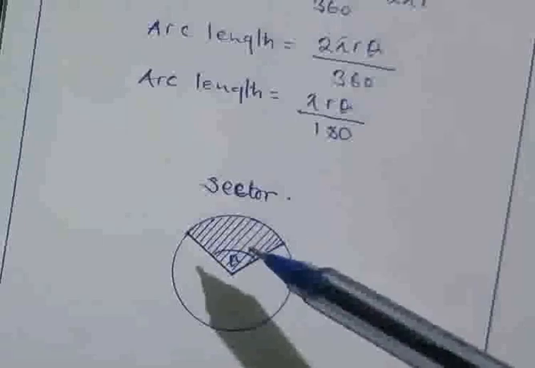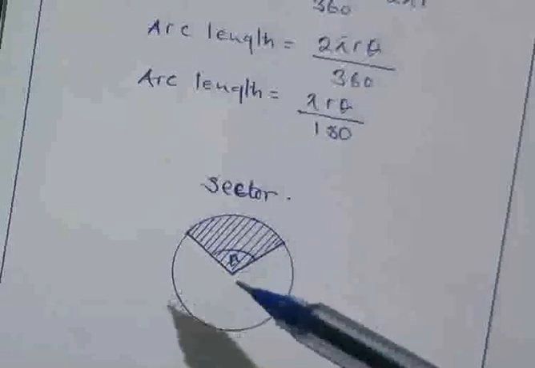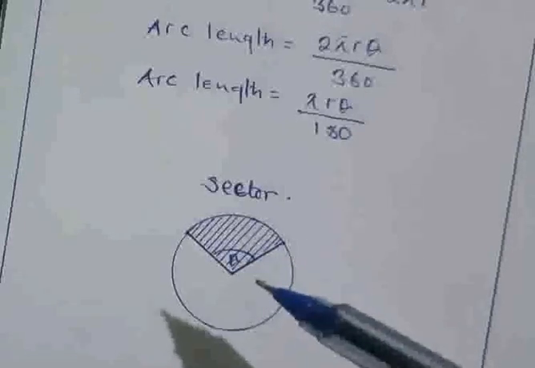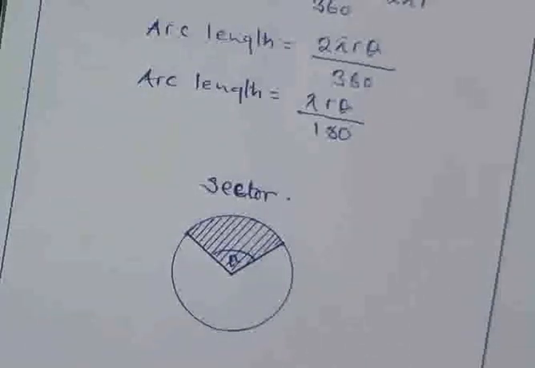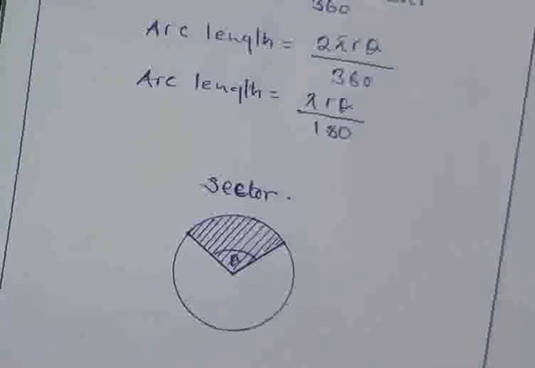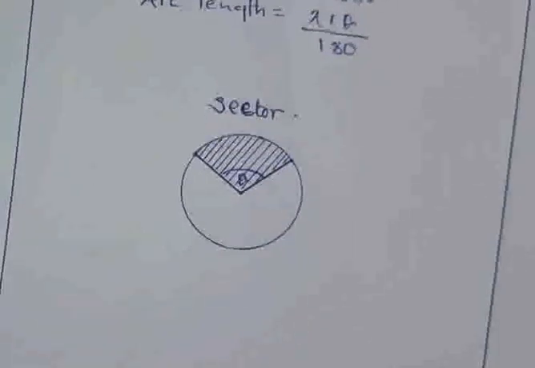Now, under a sector, you'll be asked again to find not the length of the sector, that maybe in more advanced mensuration you can find the length of the sector, but can there be such a thing? I don't think so. But we're going to come across questions like find the area of a sector. Now, how do you find the area of a sector?